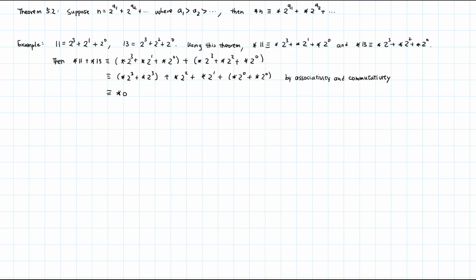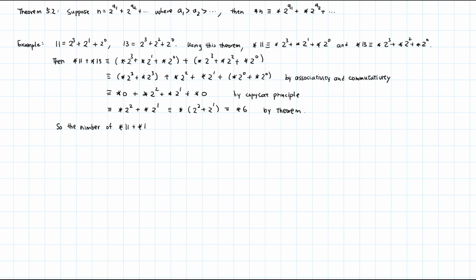Then, we can use the copycat principle to reduce identical pairs into star 0. This simplifies down to star 2 squared plus star 2 to the 1. Since these terms are distinct powers of 2s, we can apply the theorem again to say that this expression is equivalent to star of 2 squared plus 2 to the 1, which is star 6. So the nimber of star 11 plus star 13 is 6.